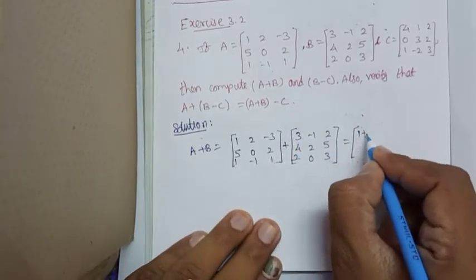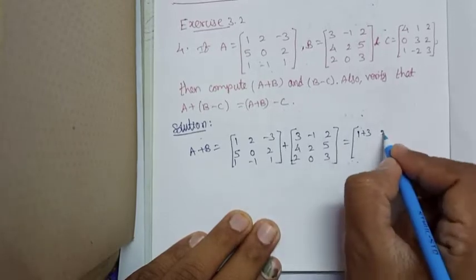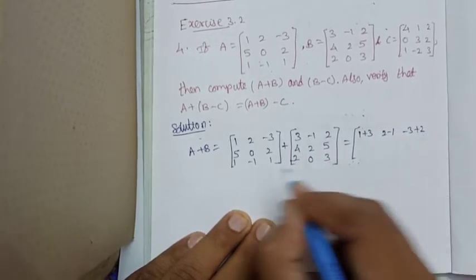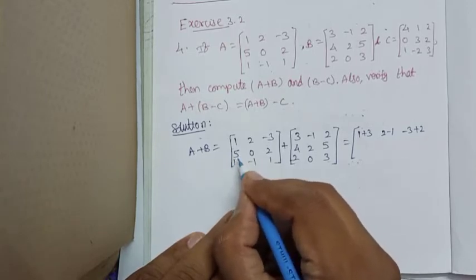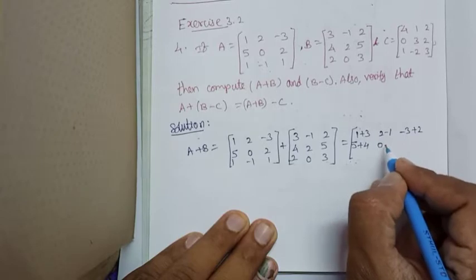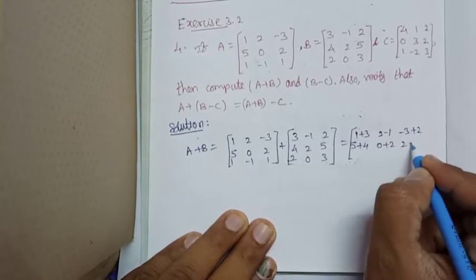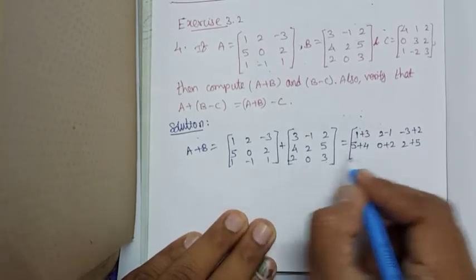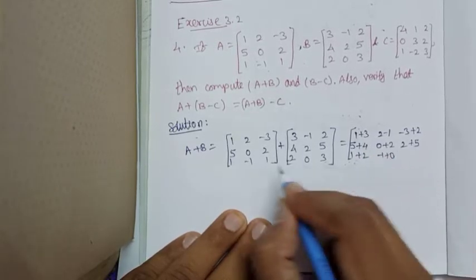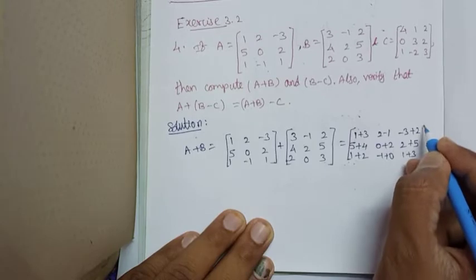So 1 plus 3, 2 minus 1 and minus 3 plus 2. In the second row, 5 plus 4, 0 plus 2, 2 plus 5. Next, 1 plus 2, minus 1 plus 0, 1 plus 3.